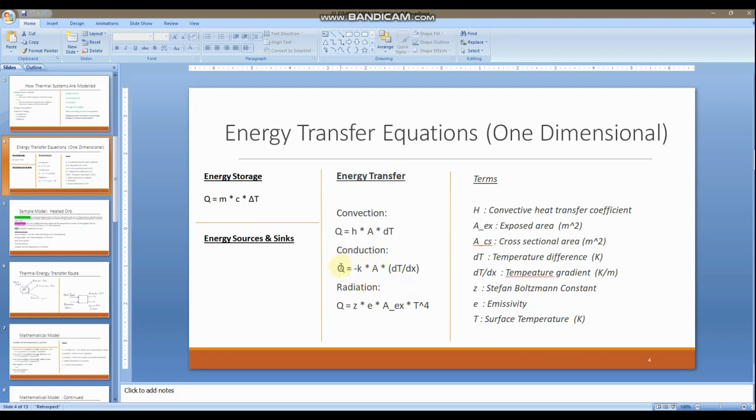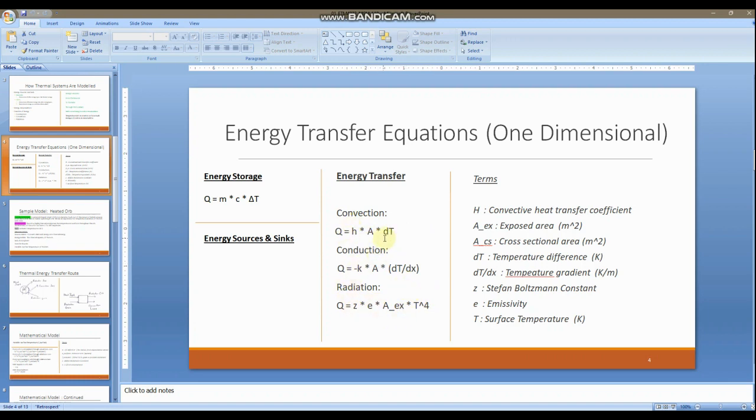They basically relate the rate of energy transfer through that conduit, which is Q, to certain physical properties of that conduit, which are characterized by H, K, E, Z, and so on, geometric properties of those conduits, which are characterized by the surface and cross sectional areas, and to temperature differences and temperature gradients based on the type of conduit.